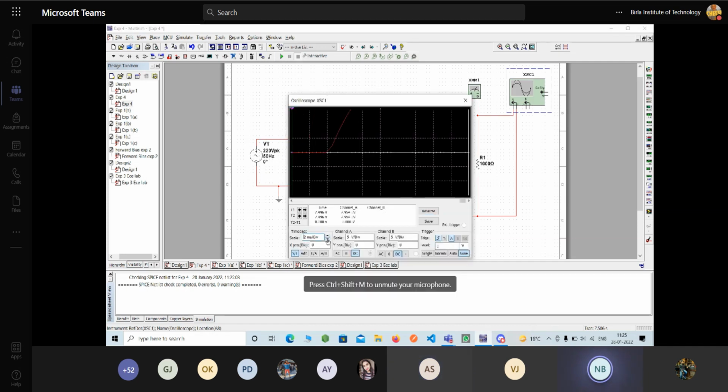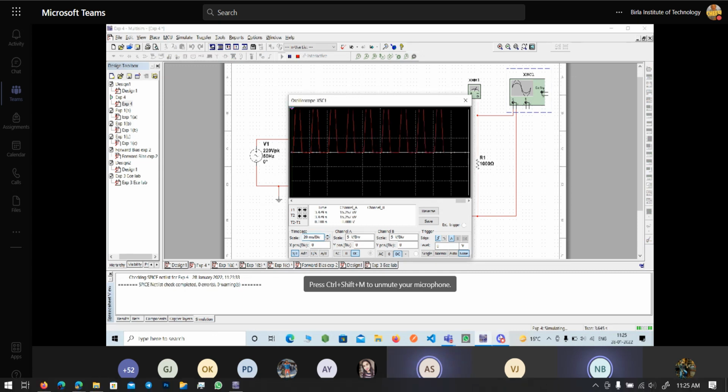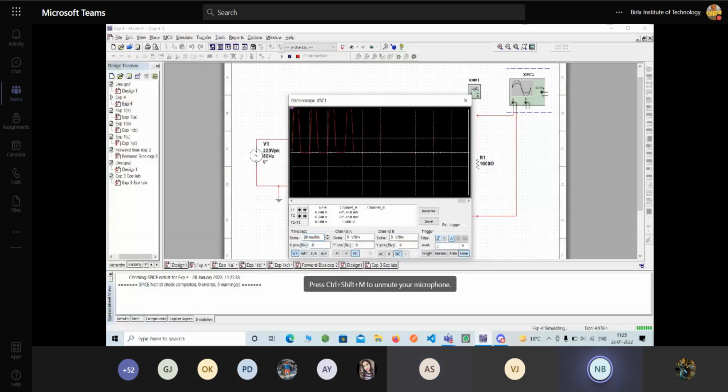As you can see, your plot is not coming in that window, so you can increase that voltage scale. Below channel A there is a scale. No, that is the time scale. Beside that there is a voltage scale, the 5 volt per division one. Exactly, you can increase that. Now it is coming, right? Okay.